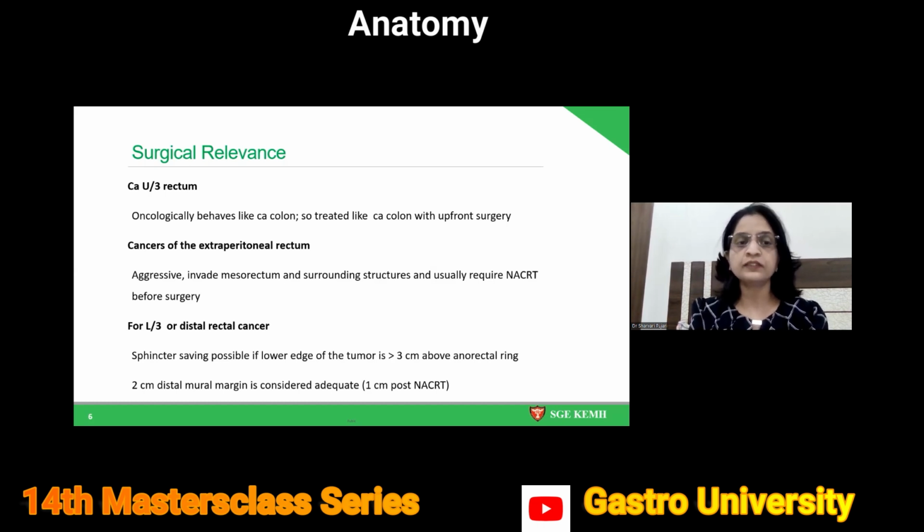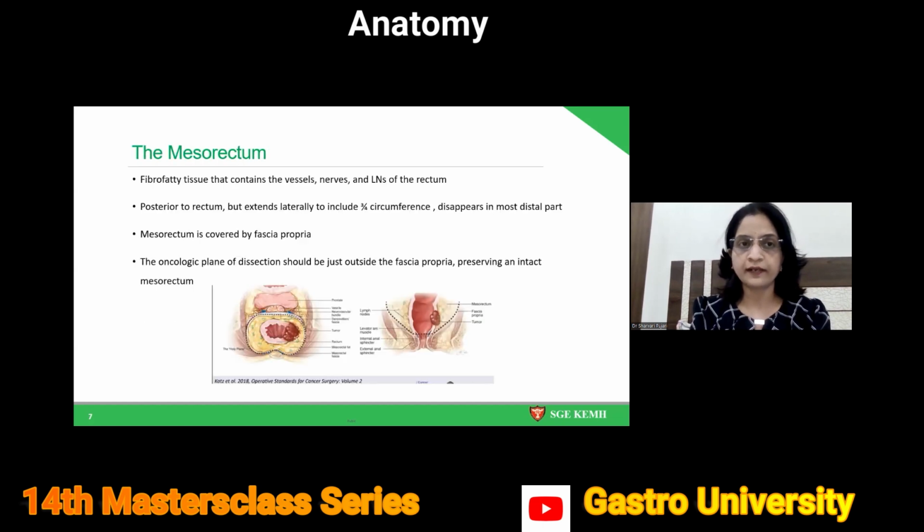This is because a 2 centimeter distal mural margin is considered adequate when rectal resections are done for rectal cancer. When neoadjuvant chemoradiotherapy is given, a 1 centimeter margin is considered adequate. However, this 1 or 2 centimeters is achieved only if the tumor is at least 3 centimeters above the anorectal ring.